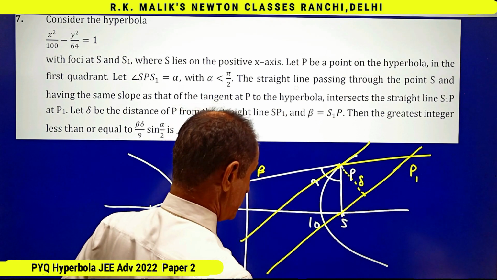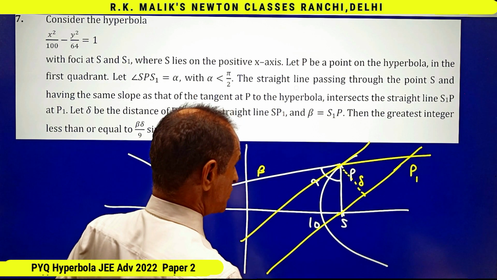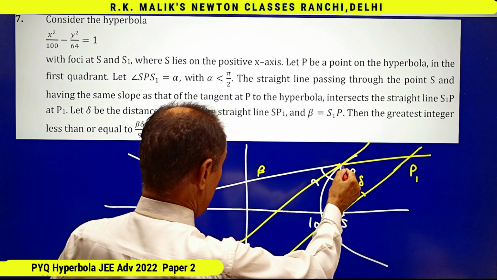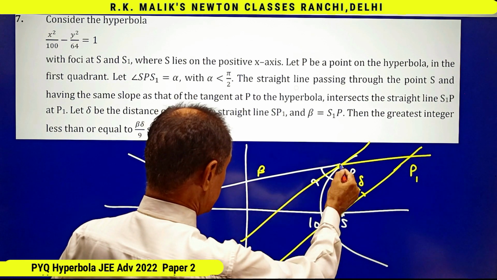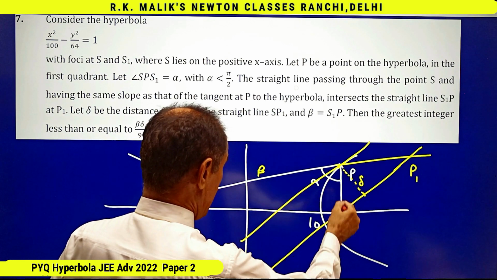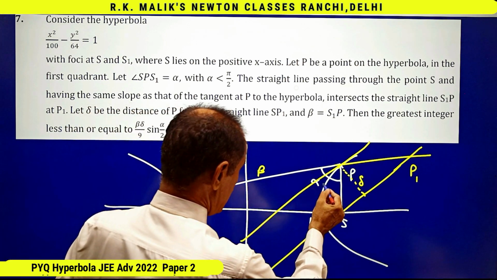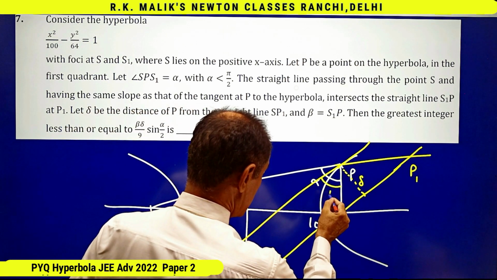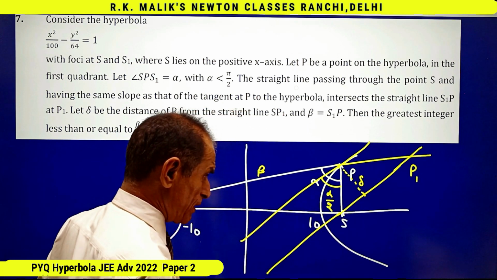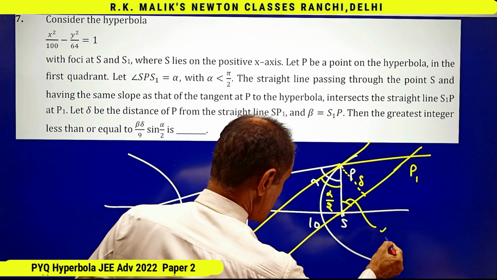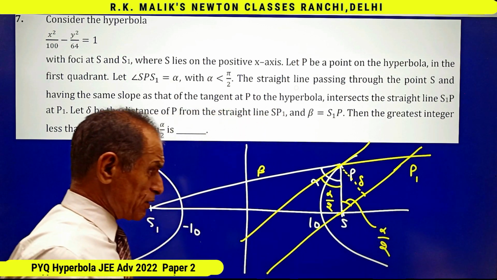that is, this distance is delta. And we know that the tangent at any point P to the hyperbola always bisects the angle between SP and S1P. Hence, I can say this angle is sure to be alpha by 2. Therefore, this angle will also be alpha by 2.